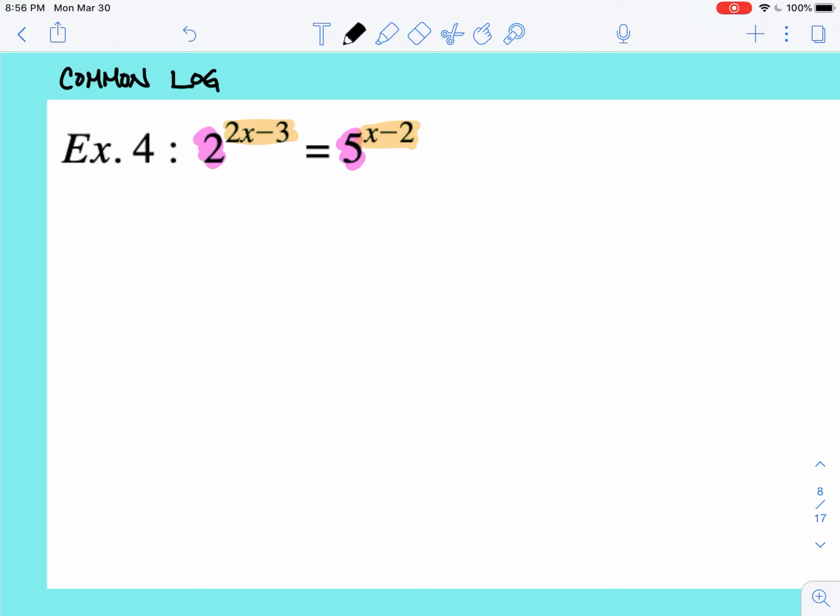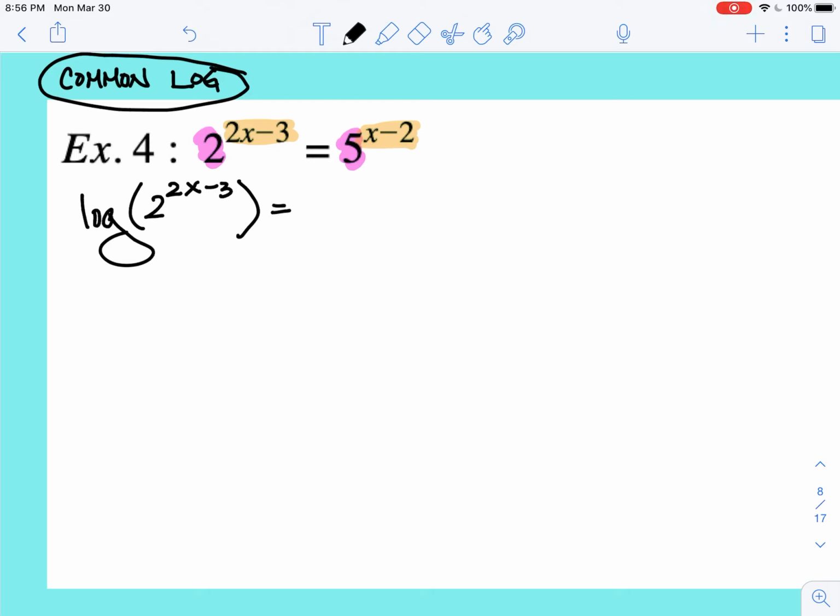So I'm going to go ahead and common log both sides. So that's going to look like log of 2 to the 2x minus 3 equals log of 5 to the x minus 2.